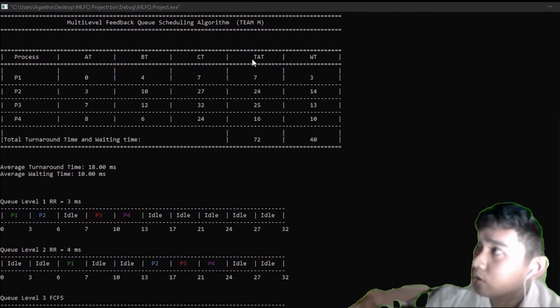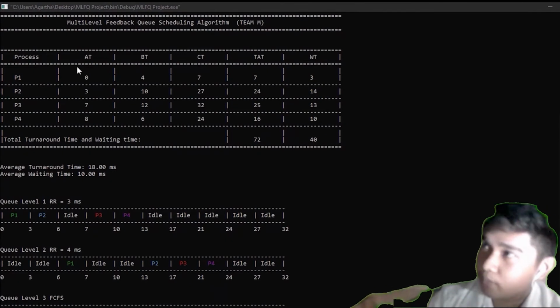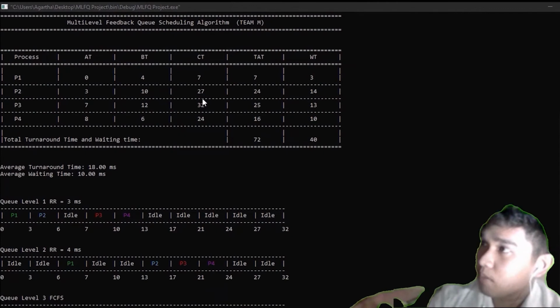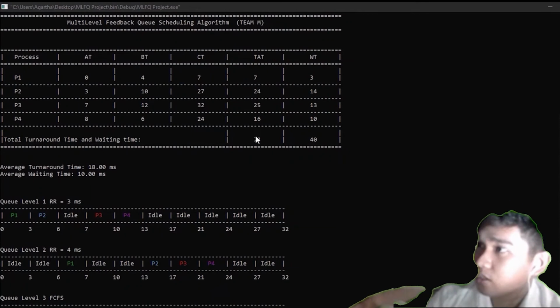Turnaround time is completion time minus the arrival time of the process. So 7 minus 0 is 7, 27 minus 3 is 24, 32 minus 7 is 25, 24 minus 8 is 16. So the summation of turnaround time is 72.